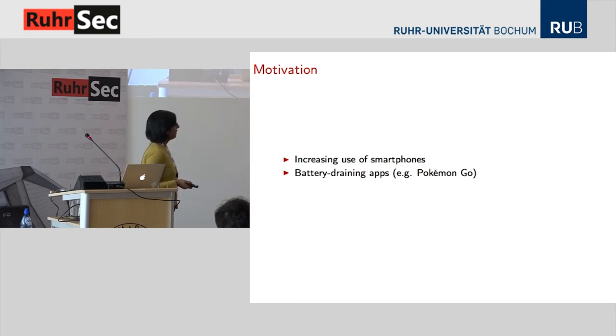Phones are becoming very powerful, and the flip side of this is that they're also running out of battery quickly. You've all heard about one of the latest crazes, Pokemon Go, where people were just roaming around looking for those little Pokemon, capturing them and fighting them. As a result, this was draining the batteries on their smartphones.